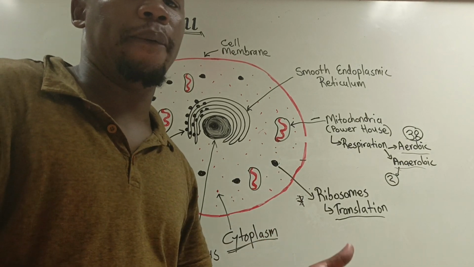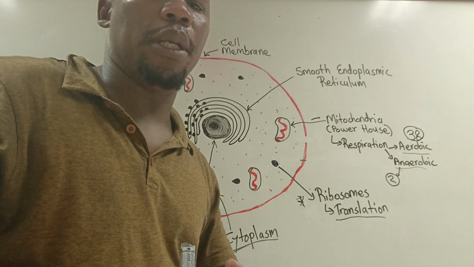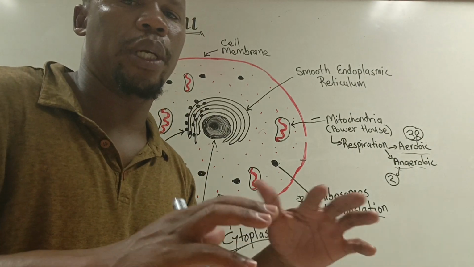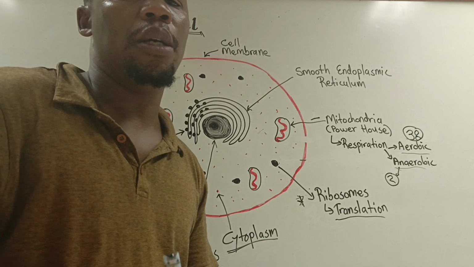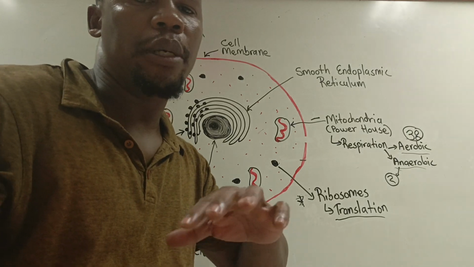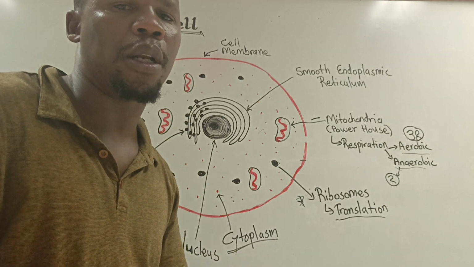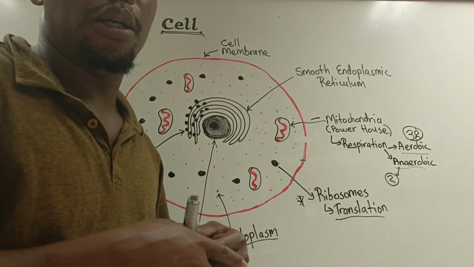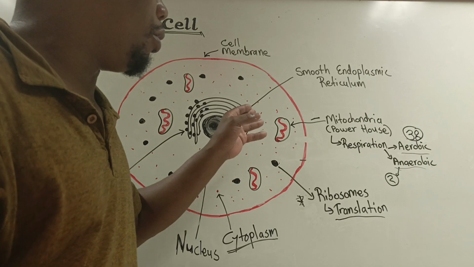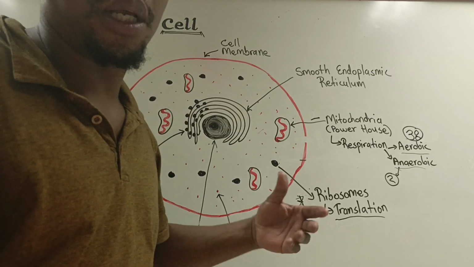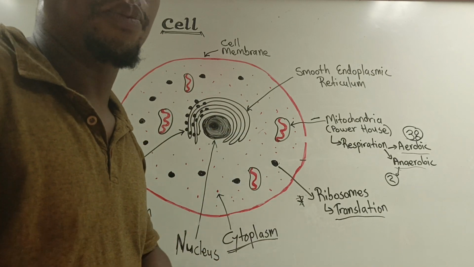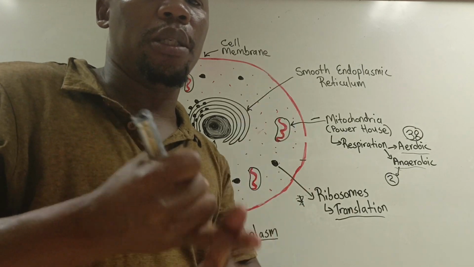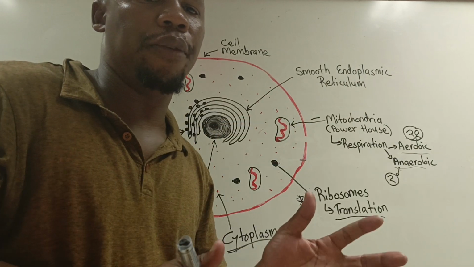So ta ya ba lemoga gore the function of the cell membrane, it packages everything together. And by so doing, it maintains the integrity of the cell. Because once this thing breaks, all the contents of this cell are going to spill out, and the cell is sealed. So cell membrane maintains the integrity of the cell through packaging everything.